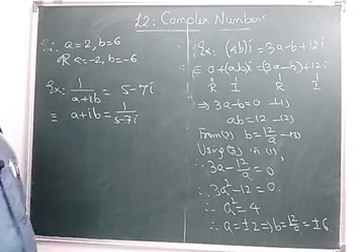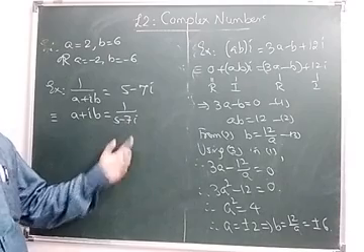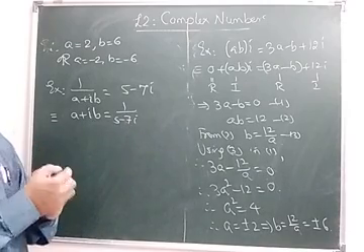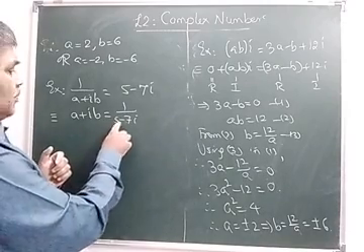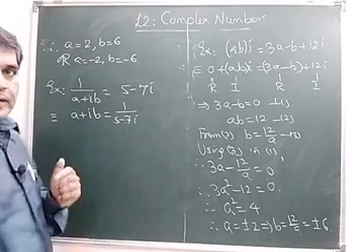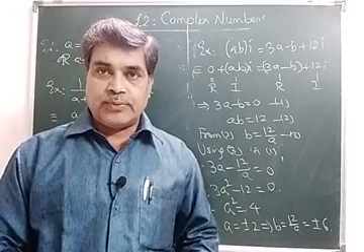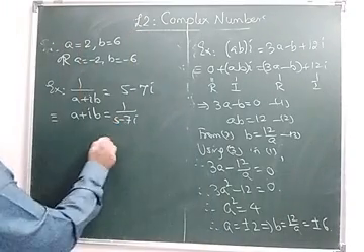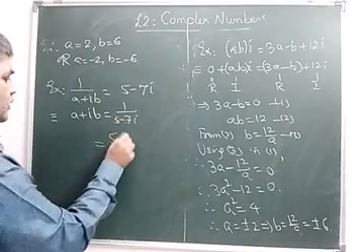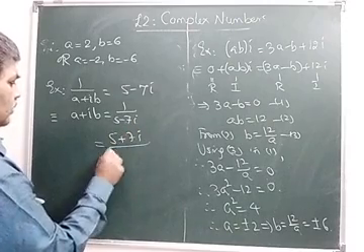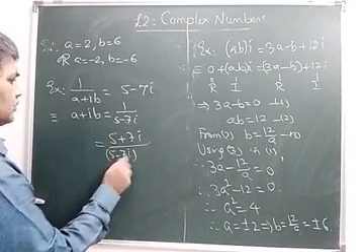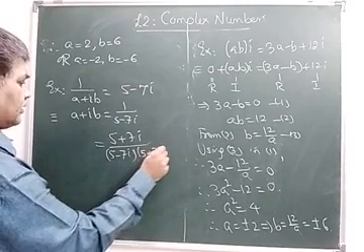Now in this example, if denominator contains i term, then multiply numerator and denominator by its complex conjugate. So what is the complex conjugate of 5 minus 7i? For complex conjugate, always change sign of imaginary part only. So multiply it by 5 plus 7i upon 5 minus 7i into 5 plus 7i.